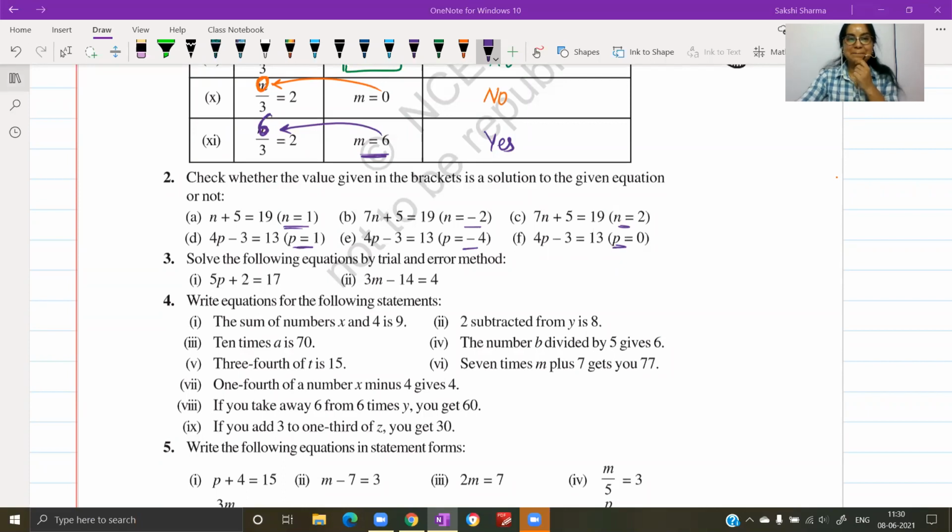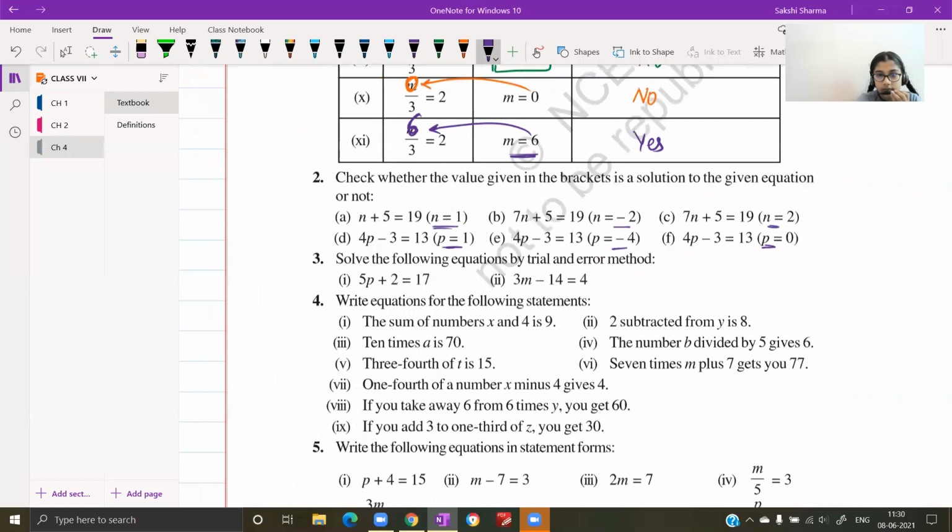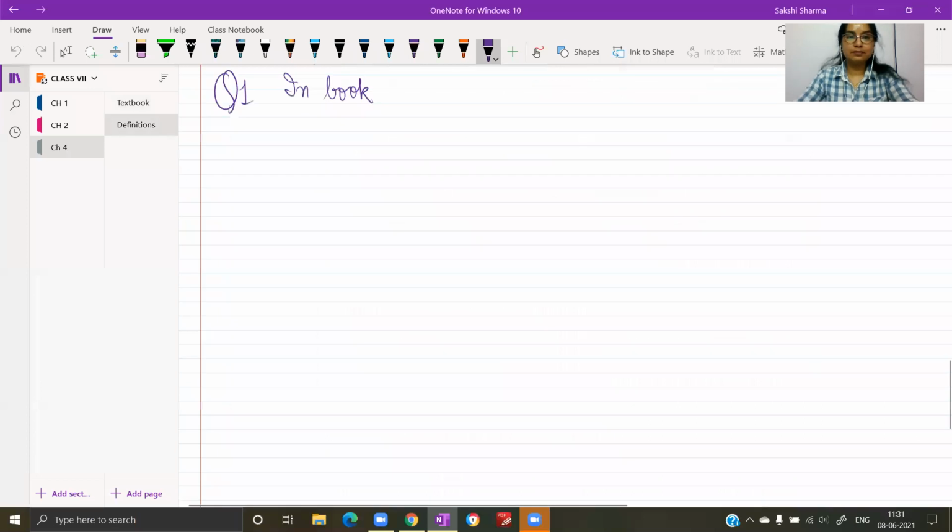Okay, thank you, ma'am. Let's write the answer in the notebook one by one. Question number 2, A part. We have the equation as n plus 5 equals 19 and n is given as 1, n equals 1. So we are going to separate the two sides.